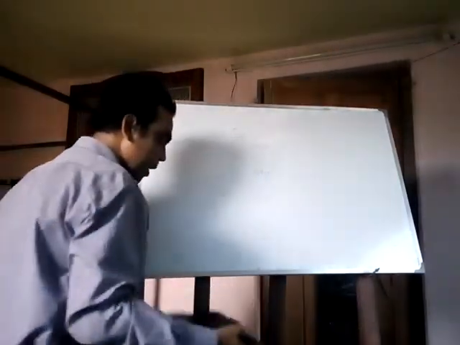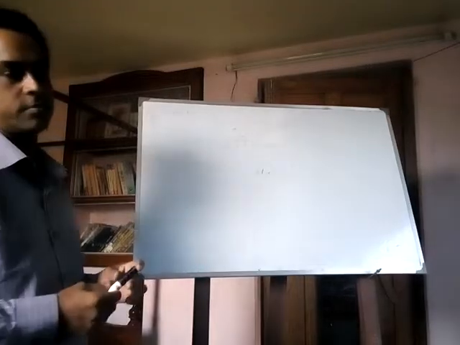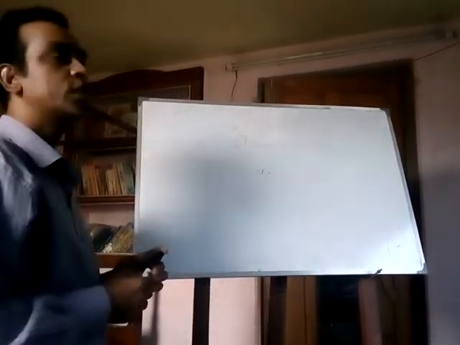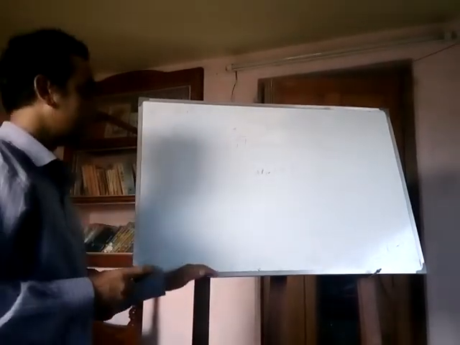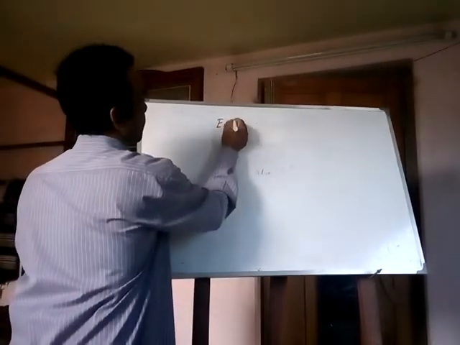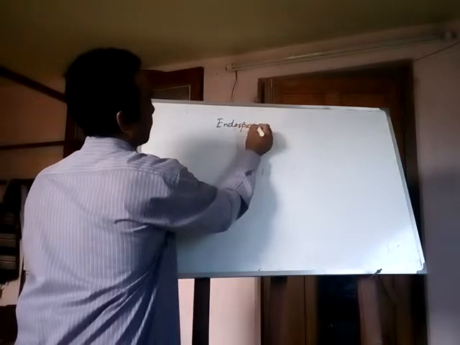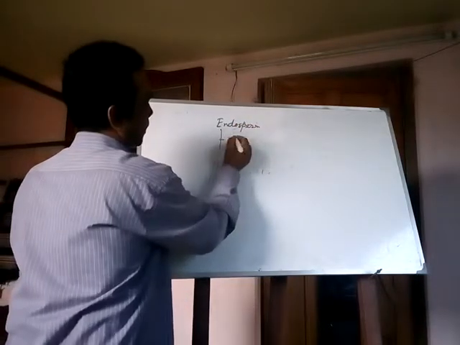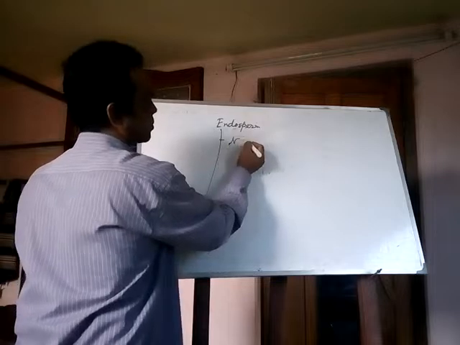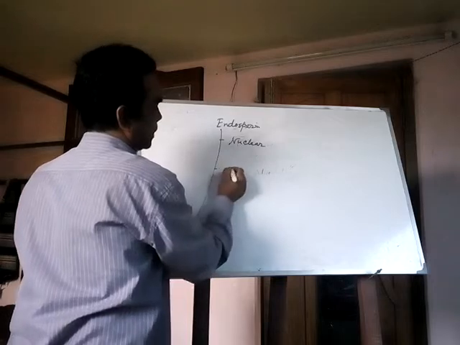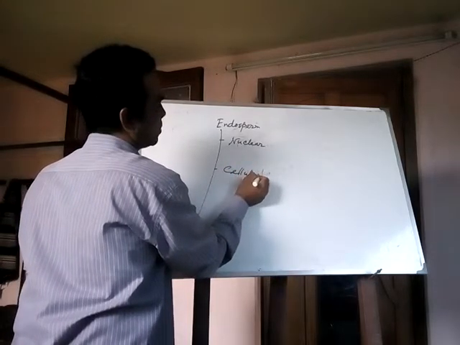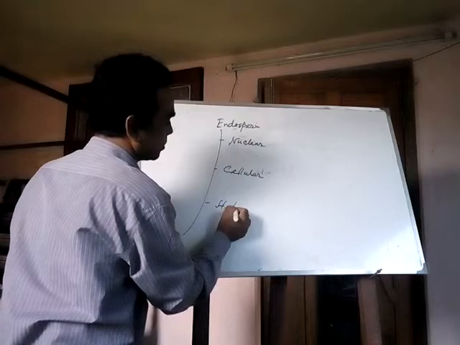After fertilization, the endosperm is formed by three processes, and so endosperm is divided into three types: nuclear endosperm, cellular endosperm, and helobial endosperm.